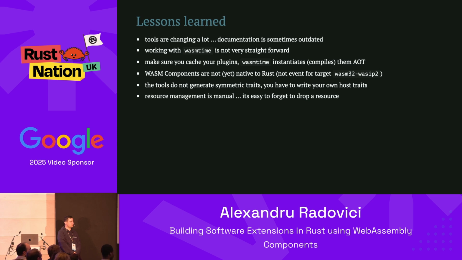You mentioned that you needed to compile your plugins AOT for performance reasons, because the time it takes to compile a plugin is prohibitive. Do you see that improving as WebAssembly compilers improve, so that maybe we could switch over to just-in-time?